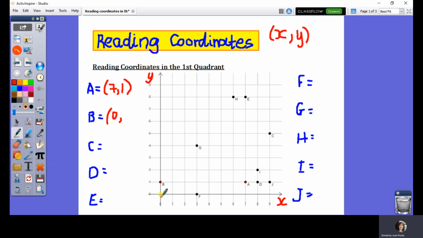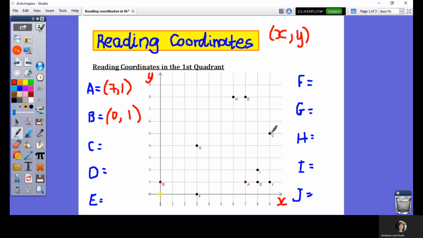The second point consists of moving up on the y-axis. So he stayed on the 0 and he moved up on the y-axis, and he moved 1 up. Therefore, my coordinate point of B is 0, comma 1.